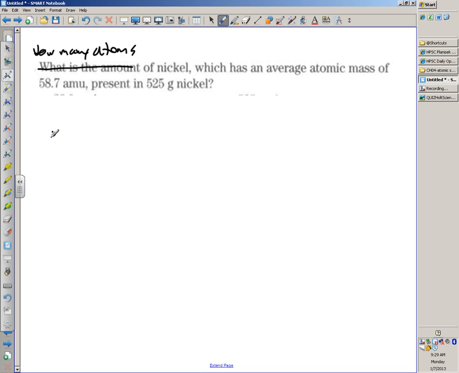So we start off, right, with whatever it is that they gave us, 525 grams of nickel. And then if you want, put that over 1. Times sign, fraction bar. You guys keep going. I'm just going to talk because I'm still recording, so I want to make sure we get it on there.